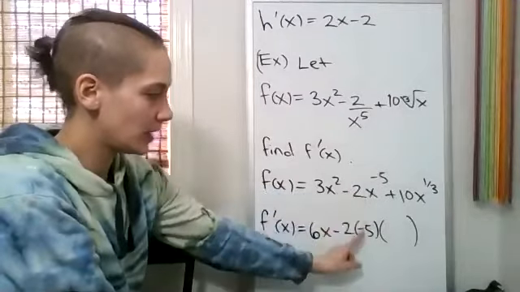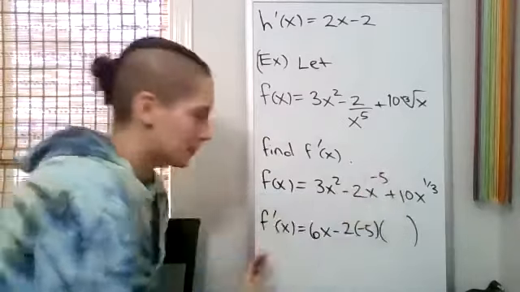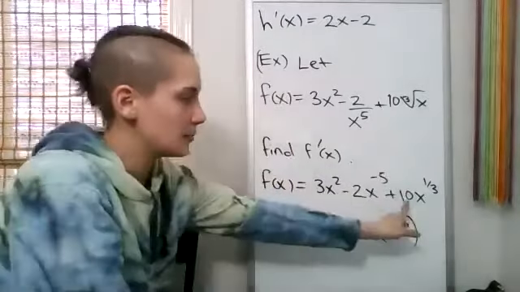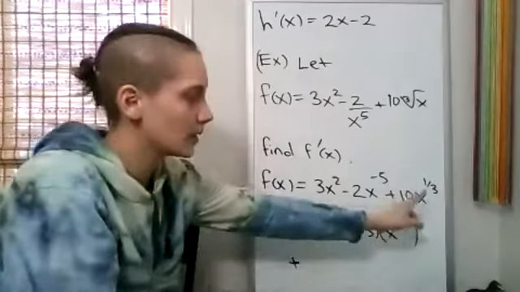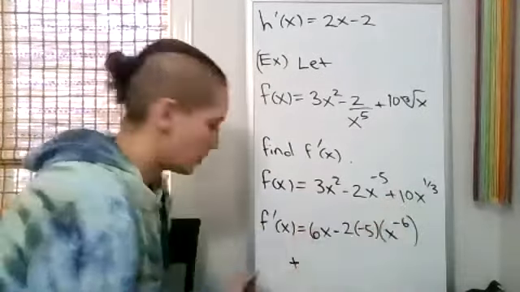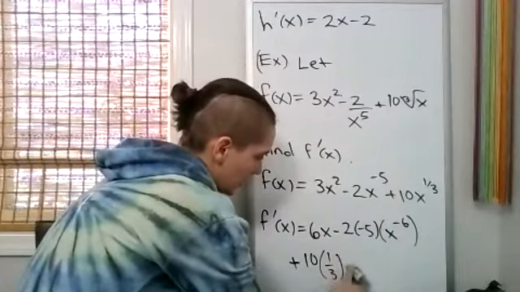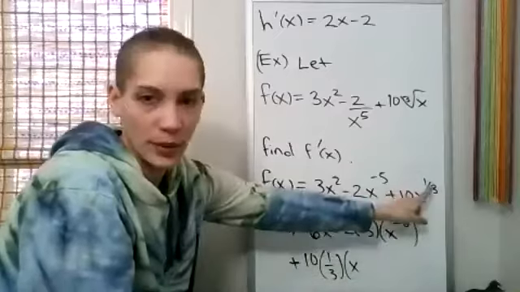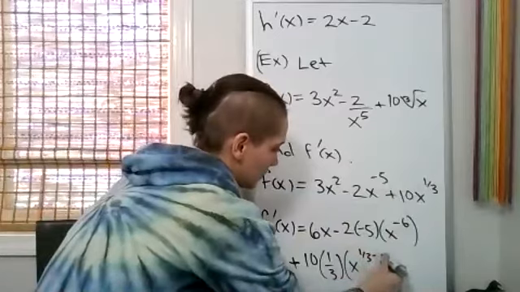I brought down my negative 5 here, and then x has a power of negative 5 minus 1. This piece plus 1/3 times 10, or 10 times 1/3. And then the x, write that down, x has a power of 1/3 minus 1.